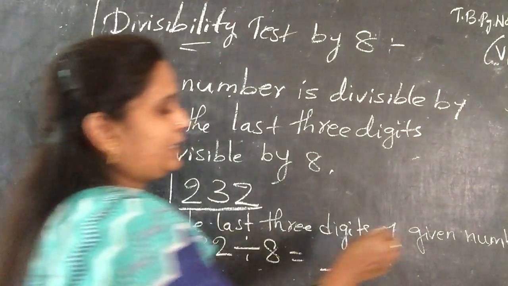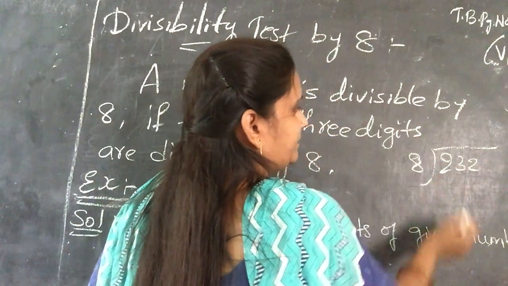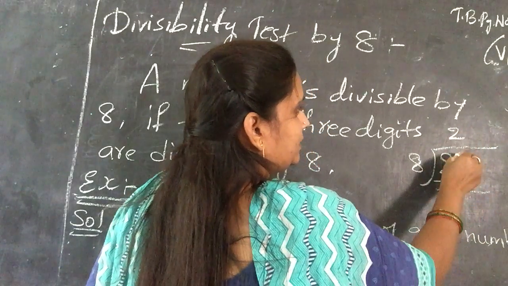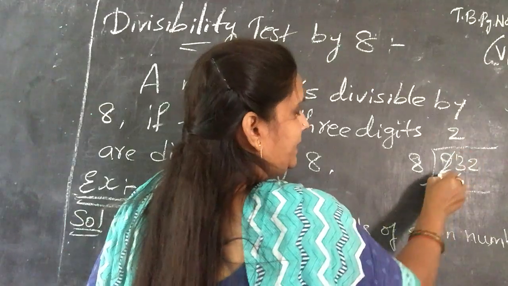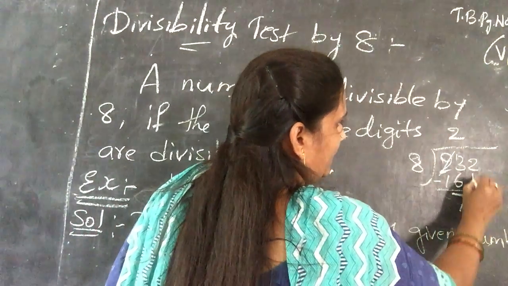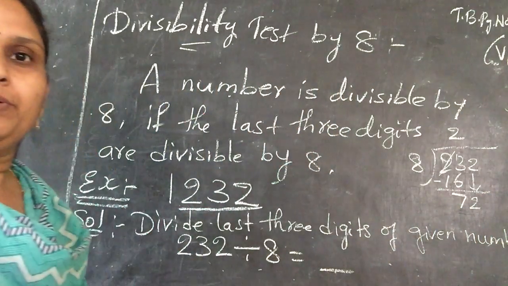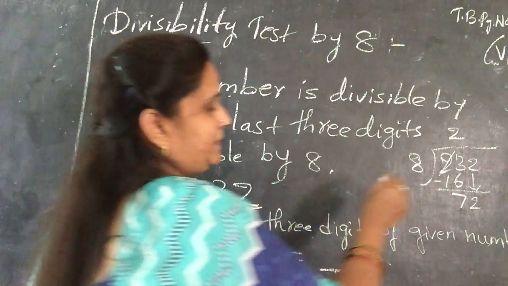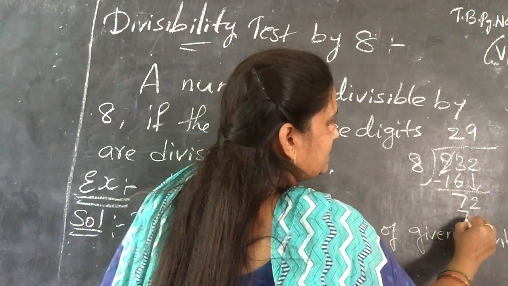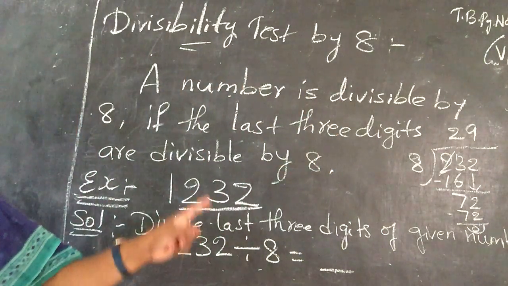Now 232 divide by 8. 8 twos are 16. Take borrow, and 23 minus 16 is equal to 7. And bring down 2. Now the remainder is 72. In the 8 table, how many times is it multiplied? 9 times, isn't it? 8 nines are 72. 72 minus 72, the remainder is 0.